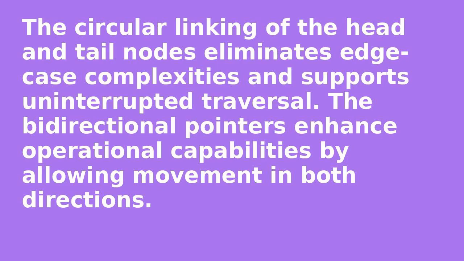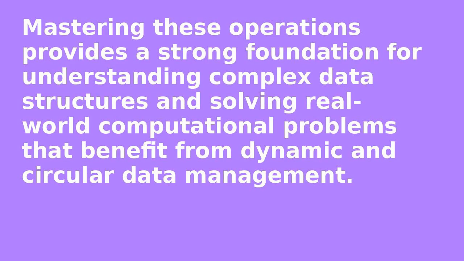The bidirectional pointers enhance operational capabilities by allowing movement in both directions. Mastering these operations provides a strong foundation for understanding complex data structures and solving real-world computational problems that benefit from dynamic and circular data management.